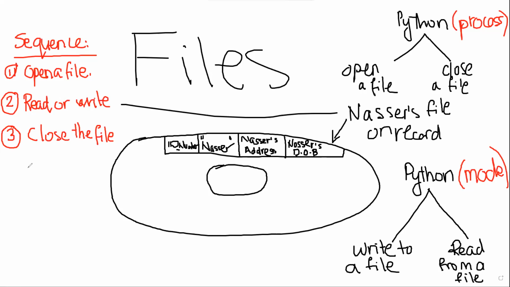So basically, when you open a file, it's either for reading mode, mode R, or writing, mode W.